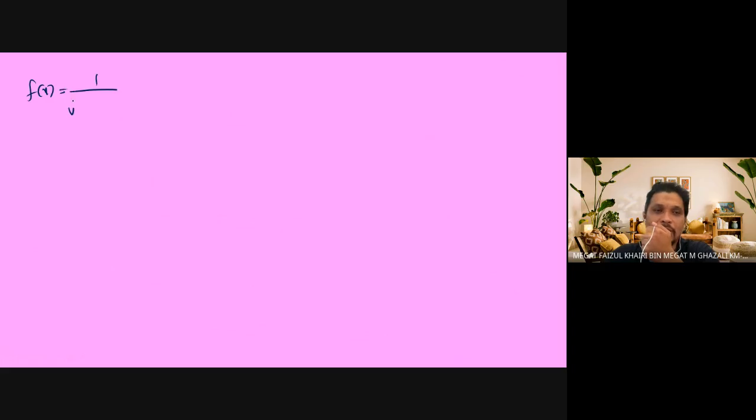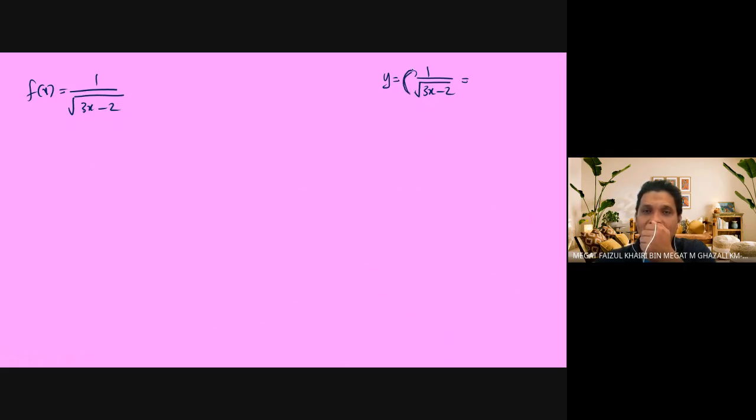1 over the square root of 3x minus 2. Y equals 1 over the square root of 3x minus 2. Bring this above, and the square root is power of half.